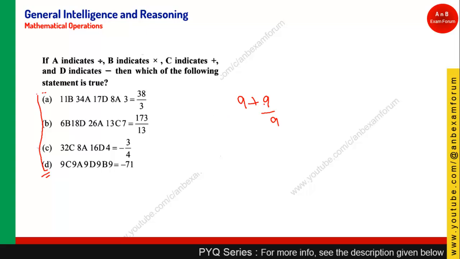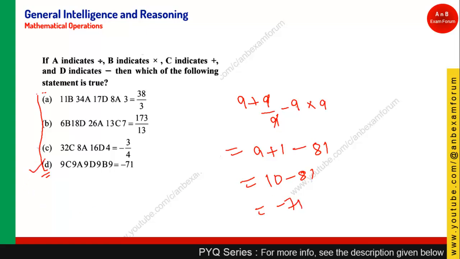After that D9, what is D? D is minus 9. After that B9, what is B? B is multiplied by 9. Okay, so just evaluate it, what we got. We are going to divide first. So 9 plus 1 minus multiplication, 9 9s are 81. Okay, so it becomes 10 minus 81, it is minus 71.